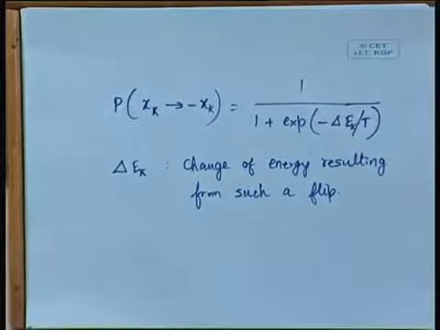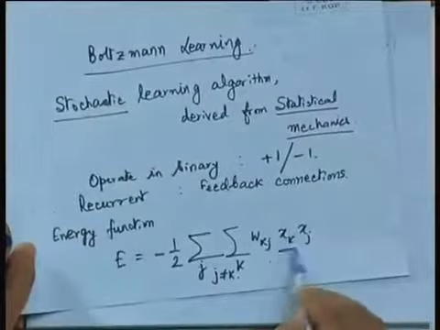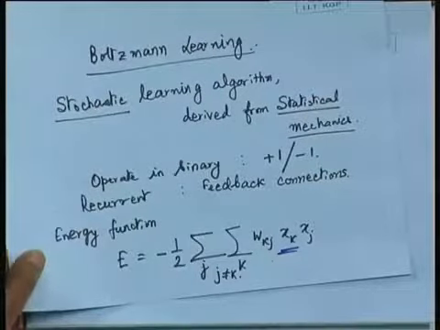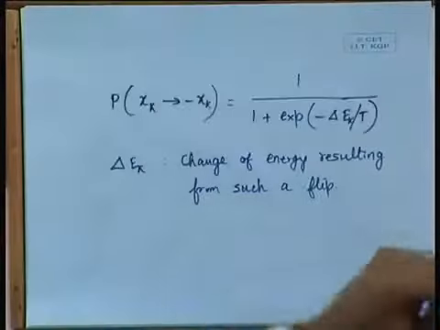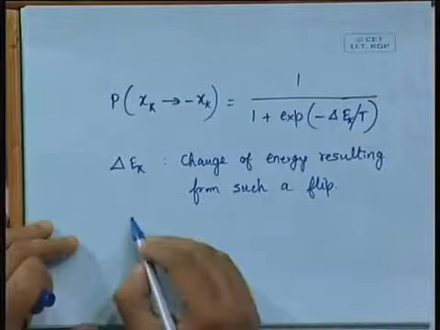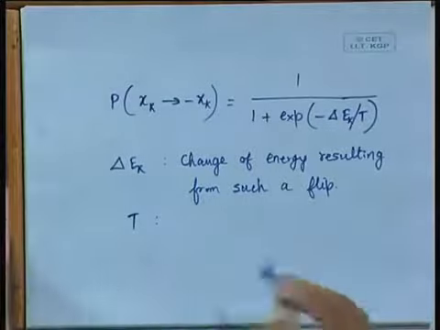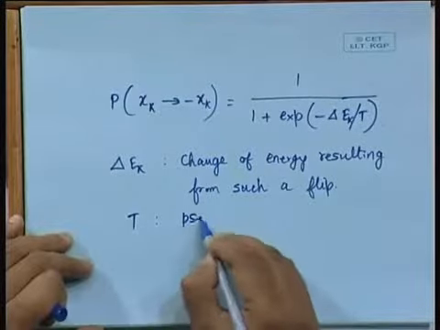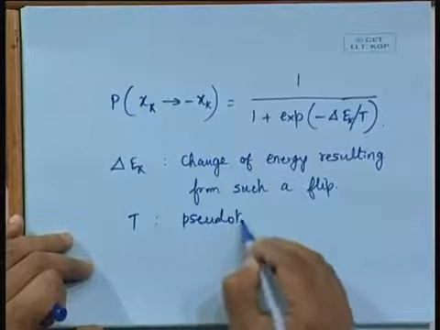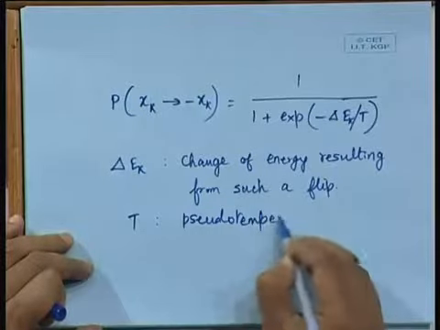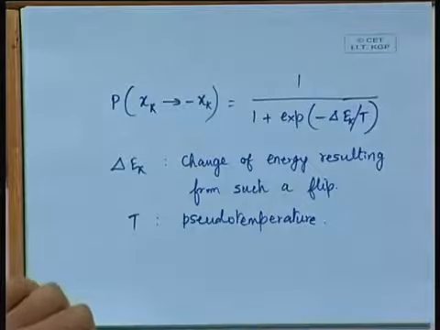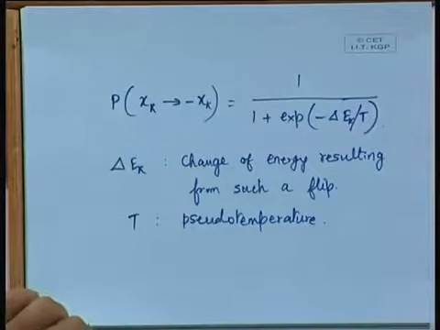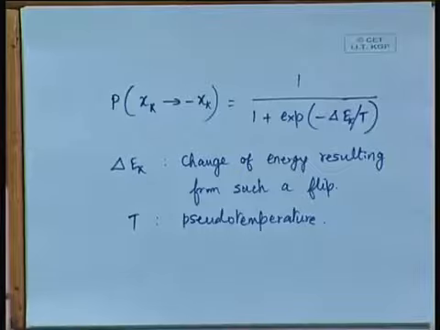Meaning, by applying this equation, because we decided to flip one particular xk, what is the change of energy that is there, and what is T? As usual, T is the pseudo temperature, which we had defined earlier when we talked about the stochastic activation units. There we came across this concept.